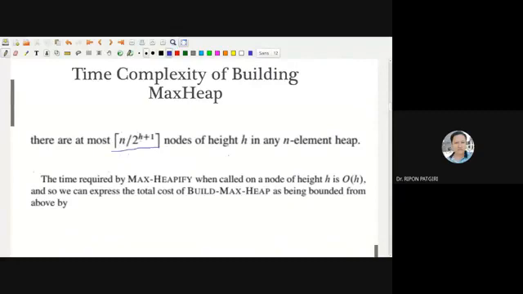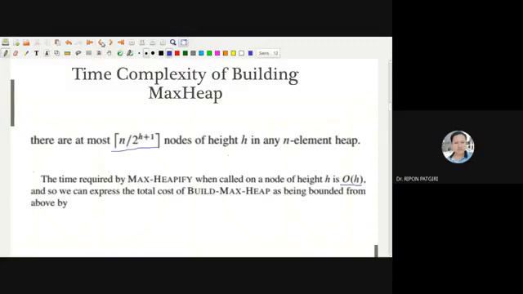Total number of nodes and height. At the height, how many nodes are there in the tree? So if you say the height is h, then the time complexity on a node of height h is big O of h. It costs big O of h.